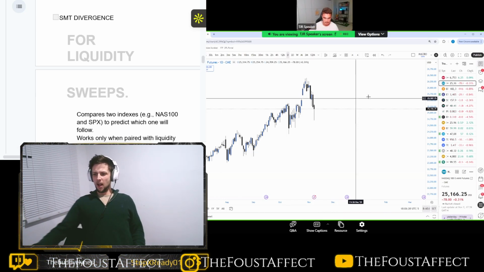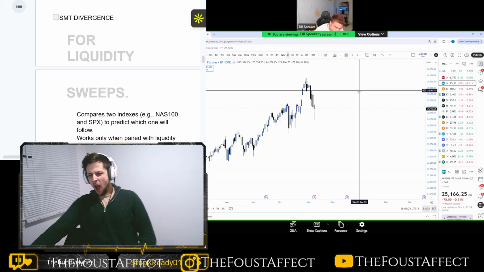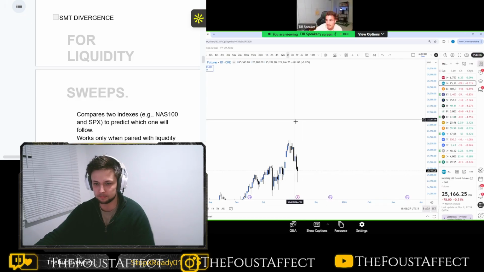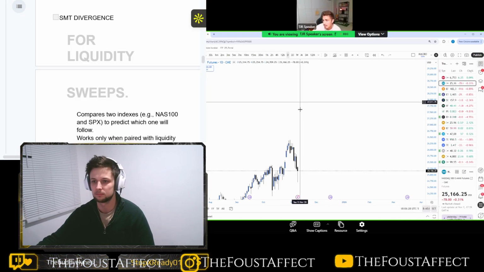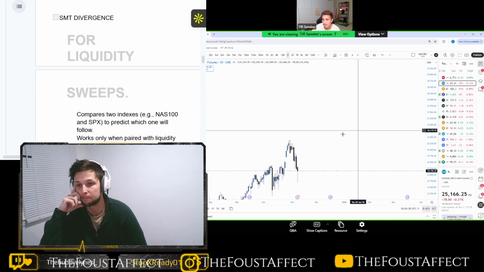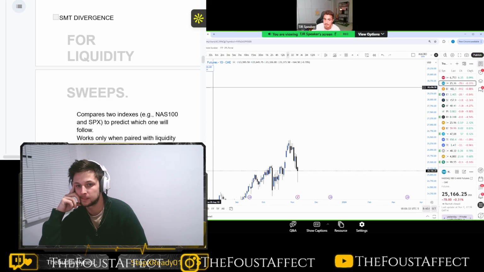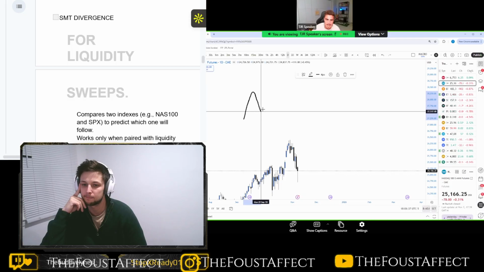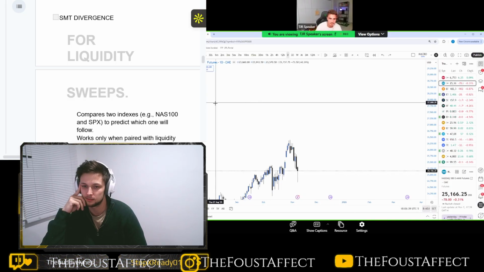So how can we identify this? It's when one index makes a high and then a lower high, pretty much indicating that it's changing its trend. So let's say that NASDAQ makes a high, or here, I'll show a better example.